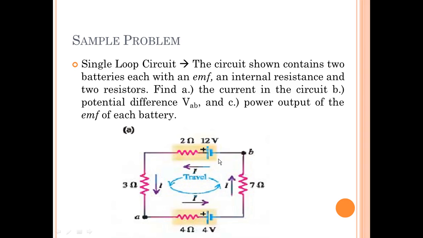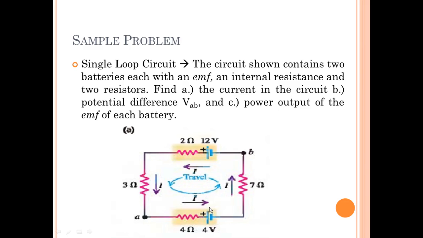Normally, the direction of the current follows the power source with the higher voltage, and the overall direction provided by the power source would be directed from negative to positive. So if this is the negative terminal for the 12-volt battery and this is the positive terminal, normally the direction of the current provided by this power source would be from negative to positive. So the overall direction around the loop would be in the counterclockwise direction.